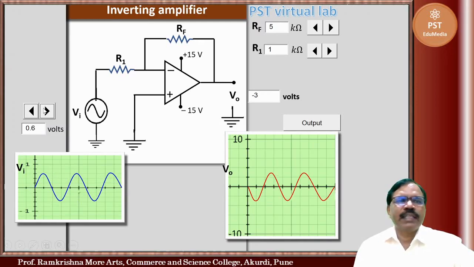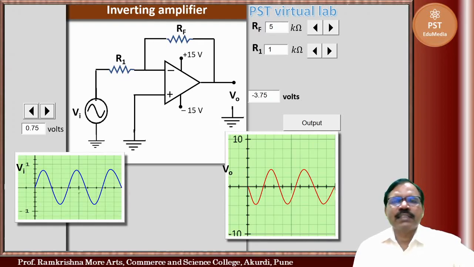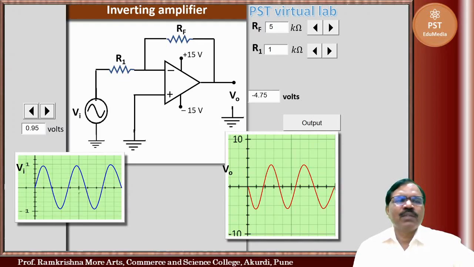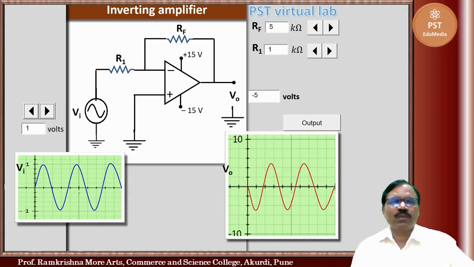Then 0.6 we get minus 3, 0.65 minus 3.25, 0.7 minus 3.5, 0.75 minus 3.75, 0.8 minus 4, 0.85 minus 4.25, 0.9 minus 4.5, 0.95 minus 4.75, and for 1 volt we have minus 5 volt.